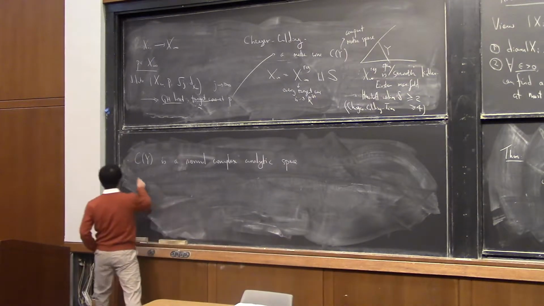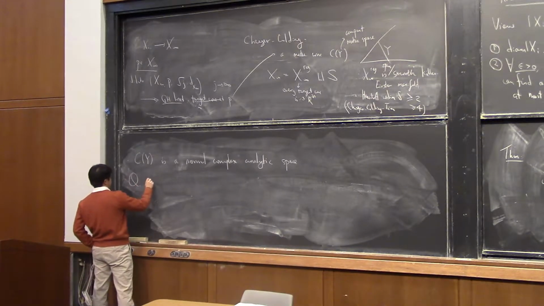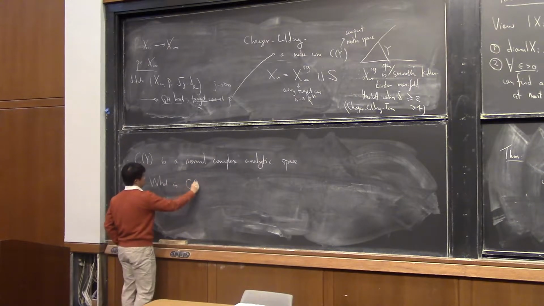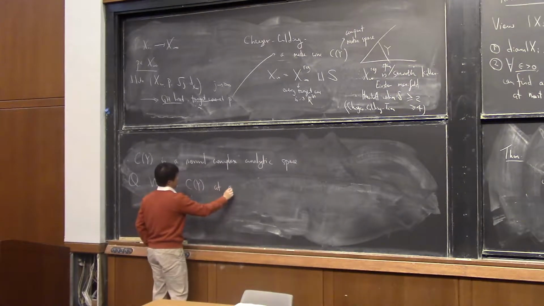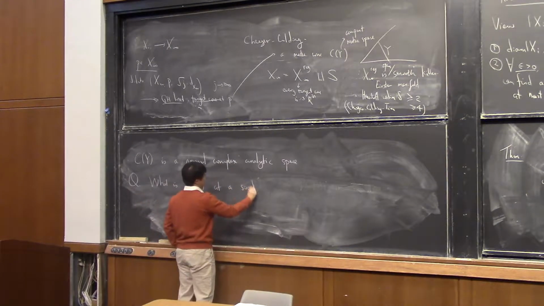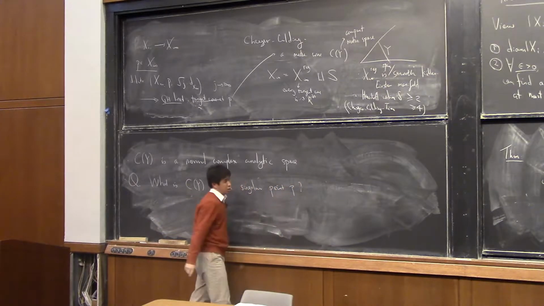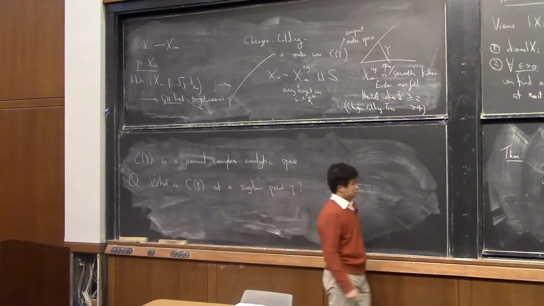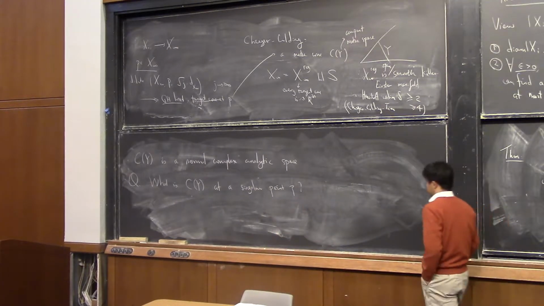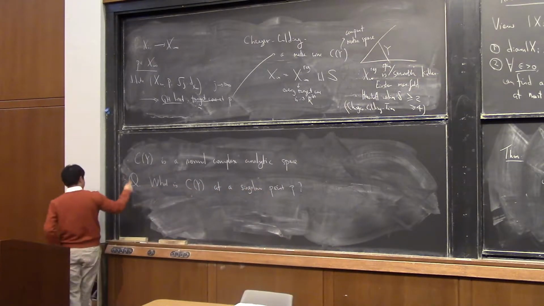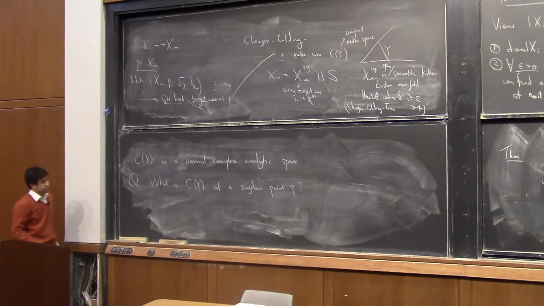And the question is, what is this at a singular point? If we take a singular point, we get this space. So can we determine this space from the local geometry of the singularity?